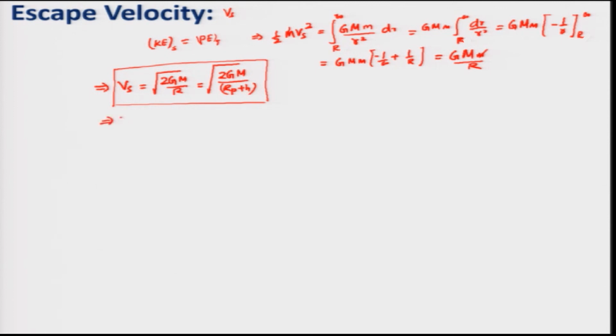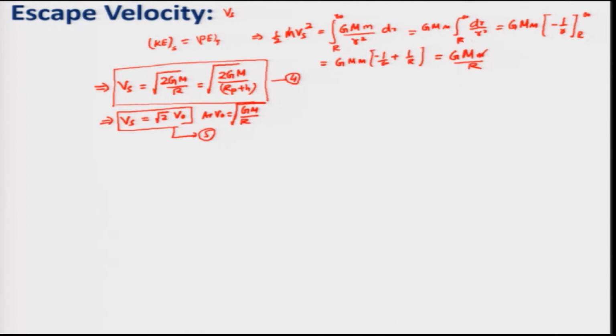Therefore, we can write V s is equal to root over 2 times V naught, as V naught is equal to root over G M by r. So, this is equation 4 and this is equation 5.